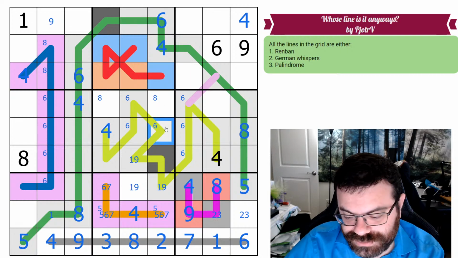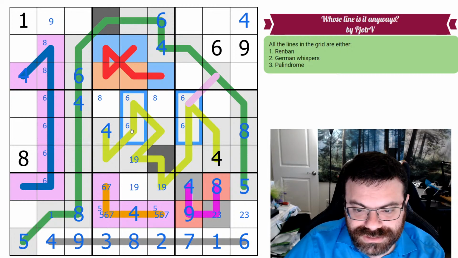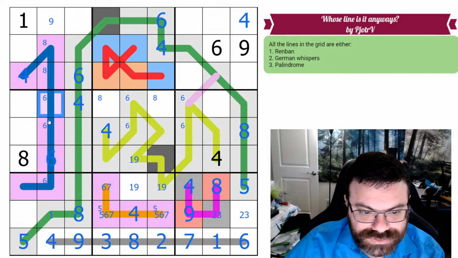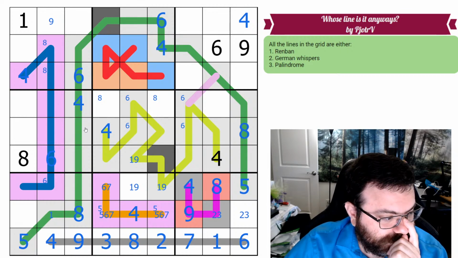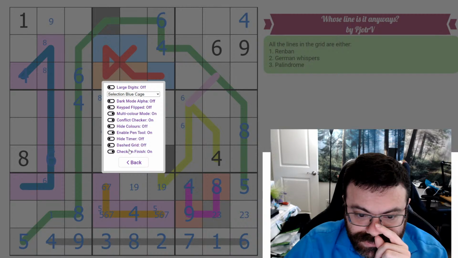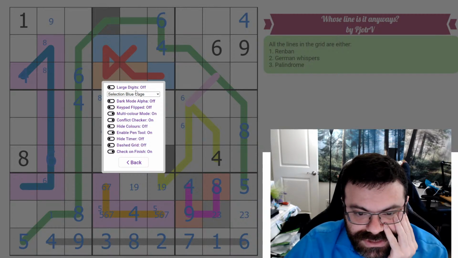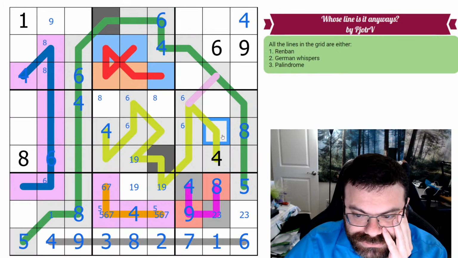Oh, this sees a 6. So now the 6s are limited here, so now I can place this 6. Doesn't seem to be a way to outline the digits, unfortunately.